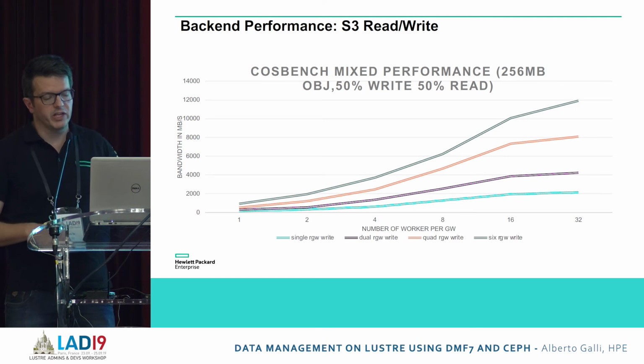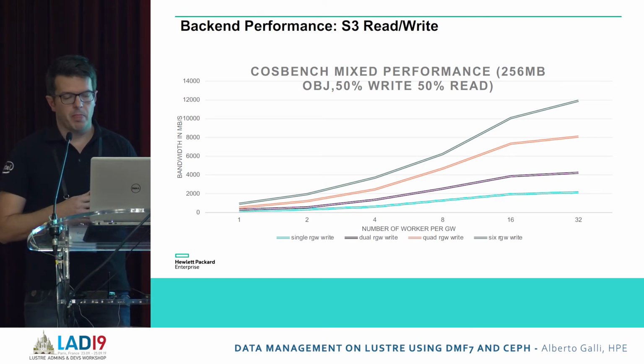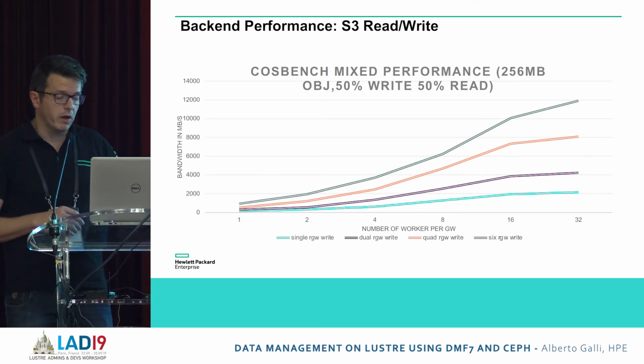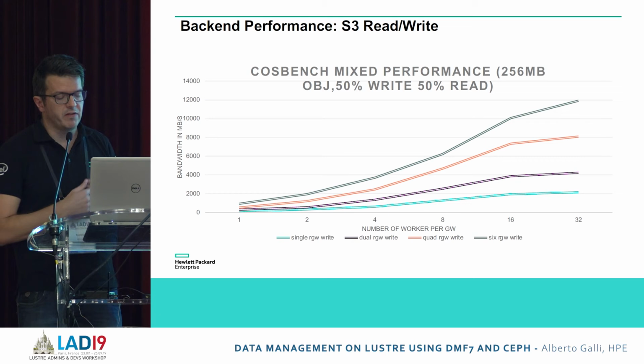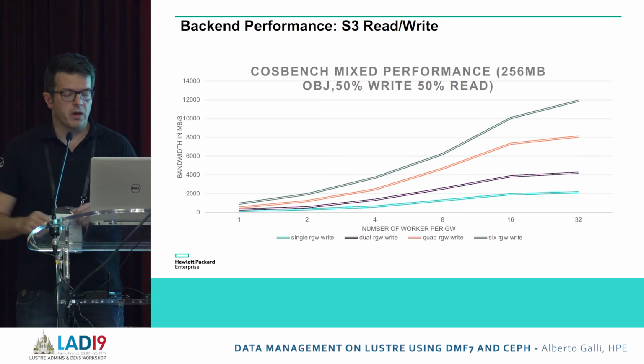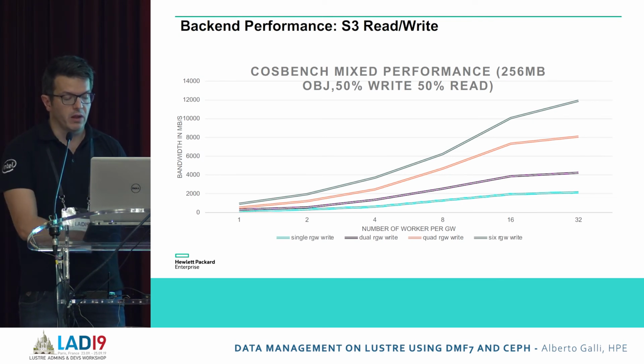That's another benchmark we ran, actually in the customer cluster. It shows the performance when we increase the number of S3 gateways that we're using. The good thing is it's completely scalable.